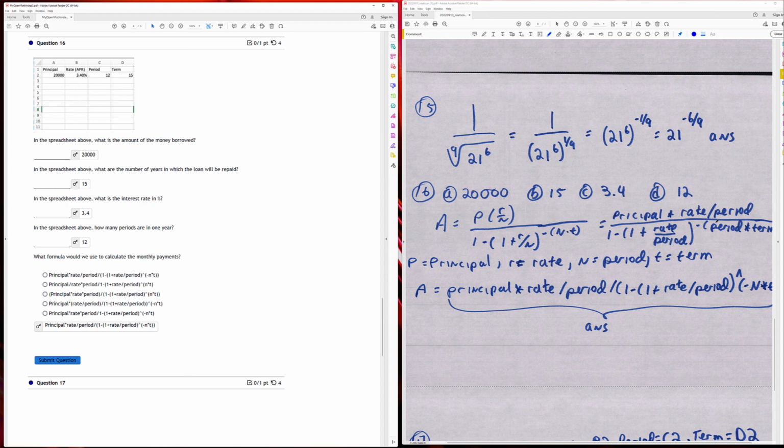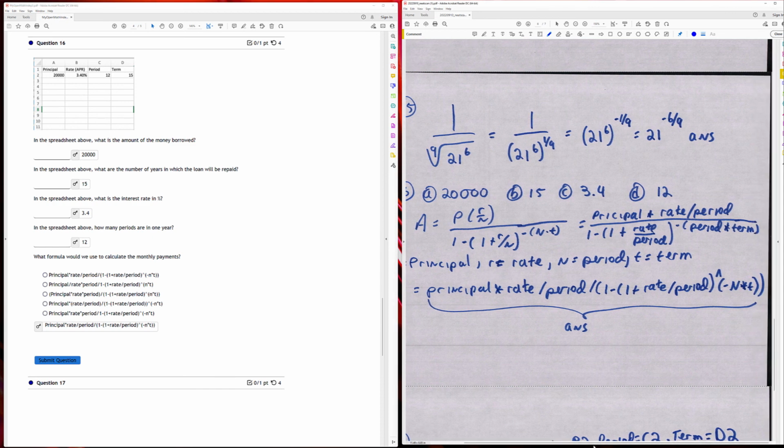Now, because it's Excel, it only gives you one line to write everything on. So in my numerator, I have principal times the rate divided by the period. Then I have this huge fraction bar divided by all this underneath it.